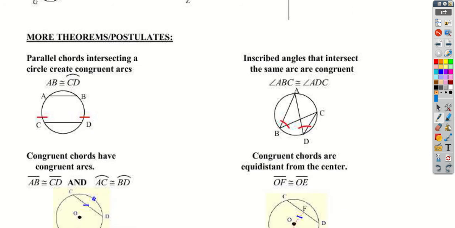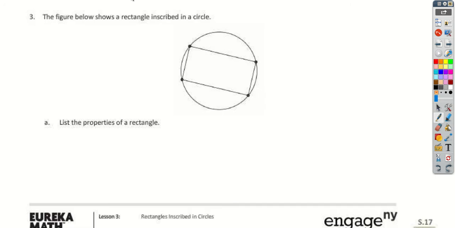I don't know if that's on here. So we're going to be doing that again today. So we know in this triangle that if this is a rectangle, these opposite angles have to add to 90 degrees. So that would be our rectangle.